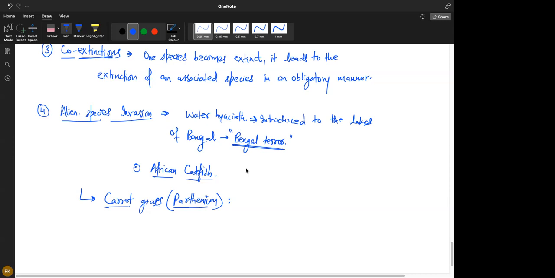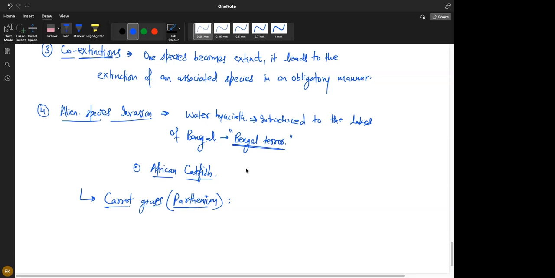But how did carrot grass come here? It came from American soil, and it came with the wheat. In the 60s and 70s, mostly, India used to import wheat, because India was not producing enough wheat to feed the people, so it started importing wheat from American countries. As a result, Parthenium came with the wheat.